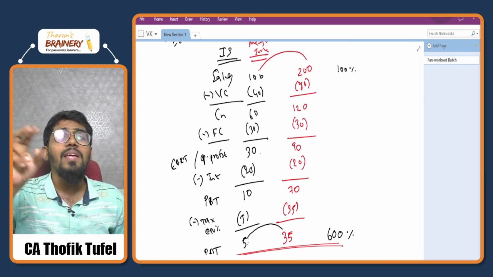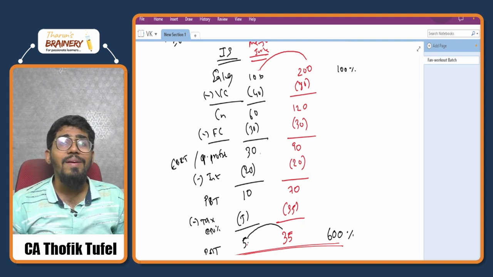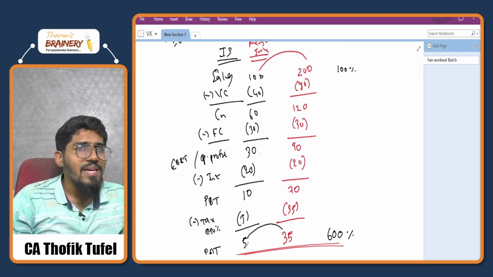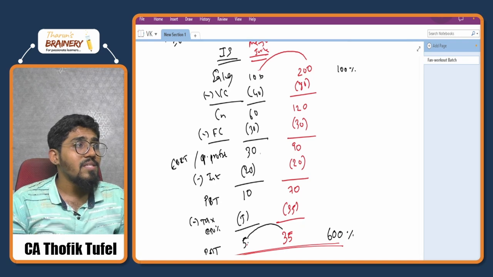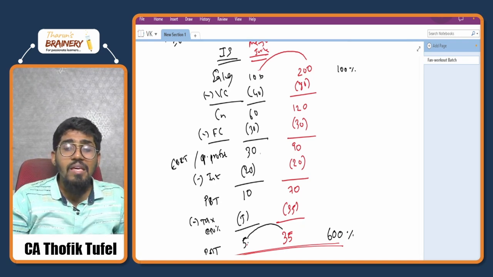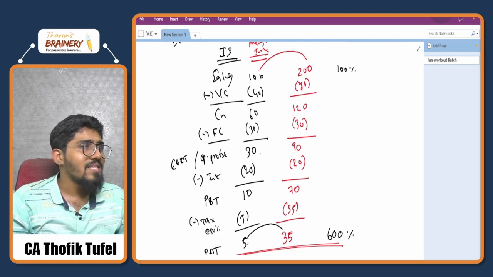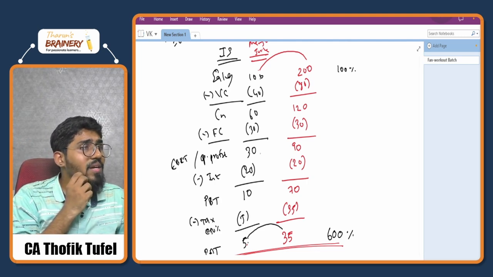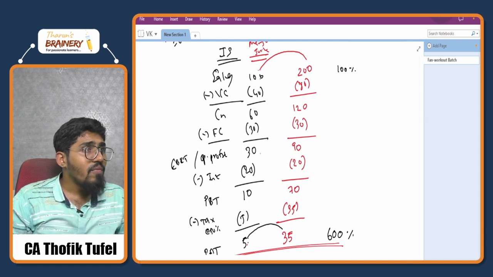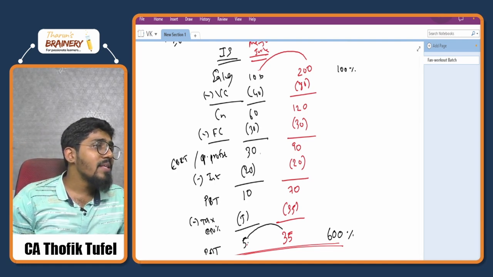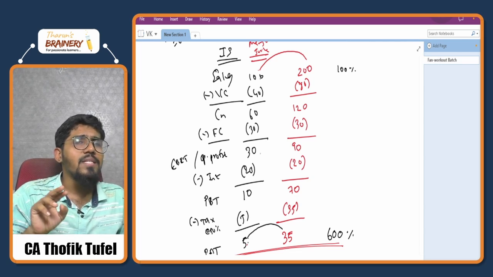If 2% increase in sales, that is a 12% increase in profit. If 5% increase in sales, that is a 30% increase in profit. So 5 into 6, 30%. If 50% increase in sales, 50 into 6 is equal to 300%. If 100% increase in sales is there, there is a 600% increase in profit.